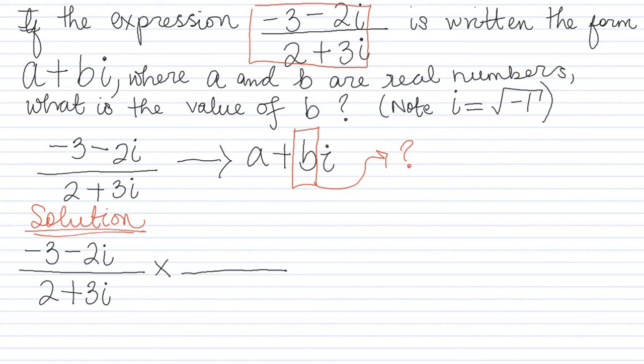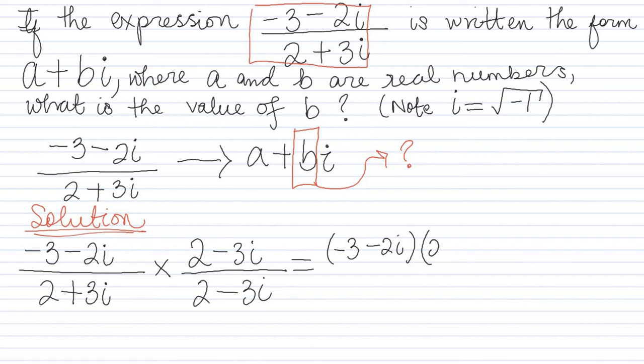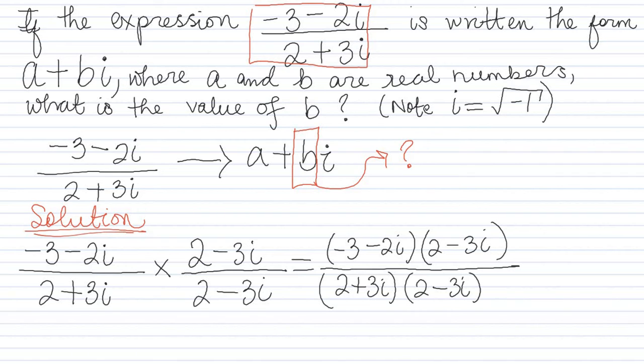And the conjugate of the denominator is 2 - 3i, and on the numerator as well, 2 - 3i. So you have (-3 - 2i)(2 - 3i) divided by (2 + 3i)(2 - 3i). That's literally it.